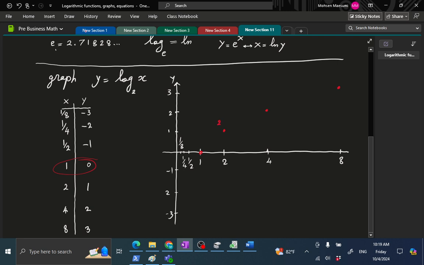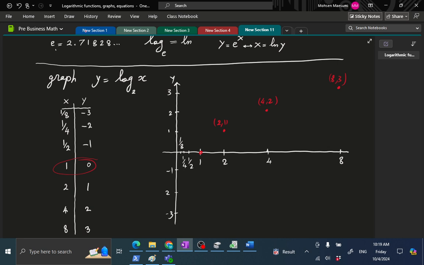So you can imagine if I go further out, I go to 16, I go up by 1 to 4. On the x-axis I am going very fast, every time doubling, but on the y-axis I'm going up very slowly, so a snail-like increase while this is running.